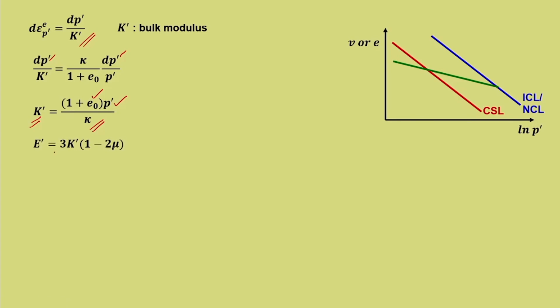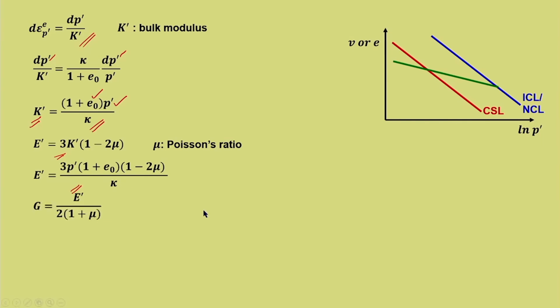Now, we already know the relationship E dash is equal to 3 K dash into 1 minus 2 mu, where mu is the Poisson's ratio. Substituting for K dash, we get E dash as 3 p dash 1 plus e naught 1 minus 2 mu upon kappa.